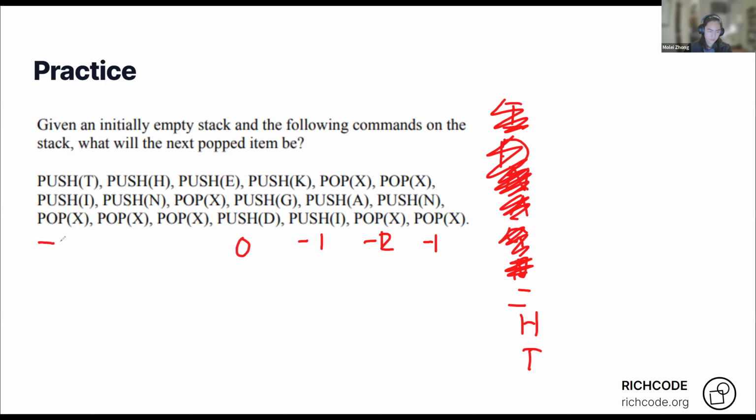So I'll just skip here to -3. We push, so we go -2. We push, so we go -1. And then this brings us to 0, but then we pop again, so -1. And we push to 0. And then here we finally get our first positive number, 1. And when we get to 1, that means that we have the letter that's going to be on the top after everything is done. You can just push everything and then count the number of pops and cross out the number of pops on the list.